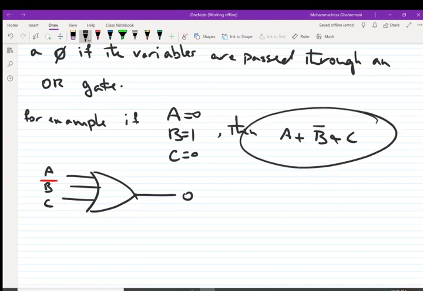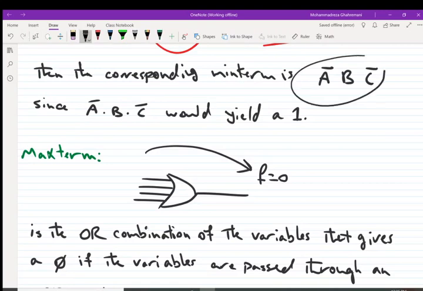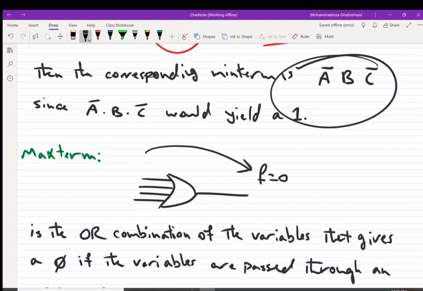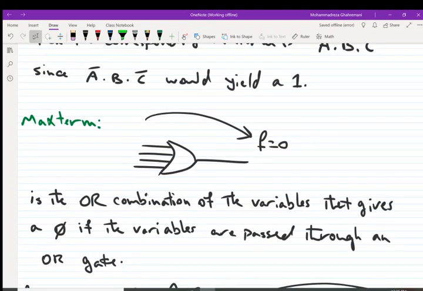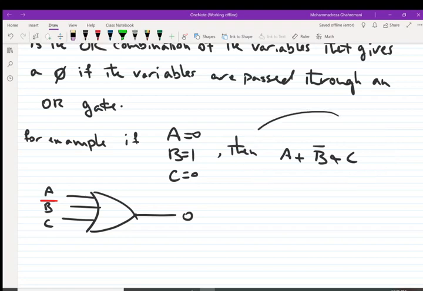Why here do I say A plus B bar plus C, but for Minterm I say A bar B C bar? Because for minterms we apply the variables to an AND gate, so we show it with a dot, or like a multiplication. It's not a mathematical multiplication, it's AND. But for Maxterm, because they are applied to an OR gate, we show their combination by plus sign.